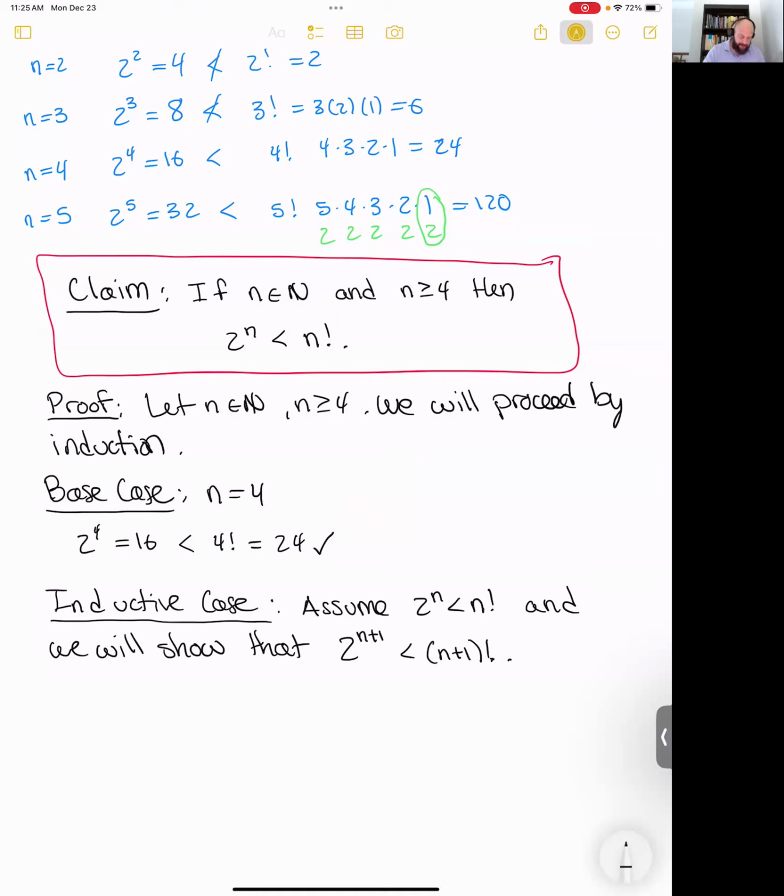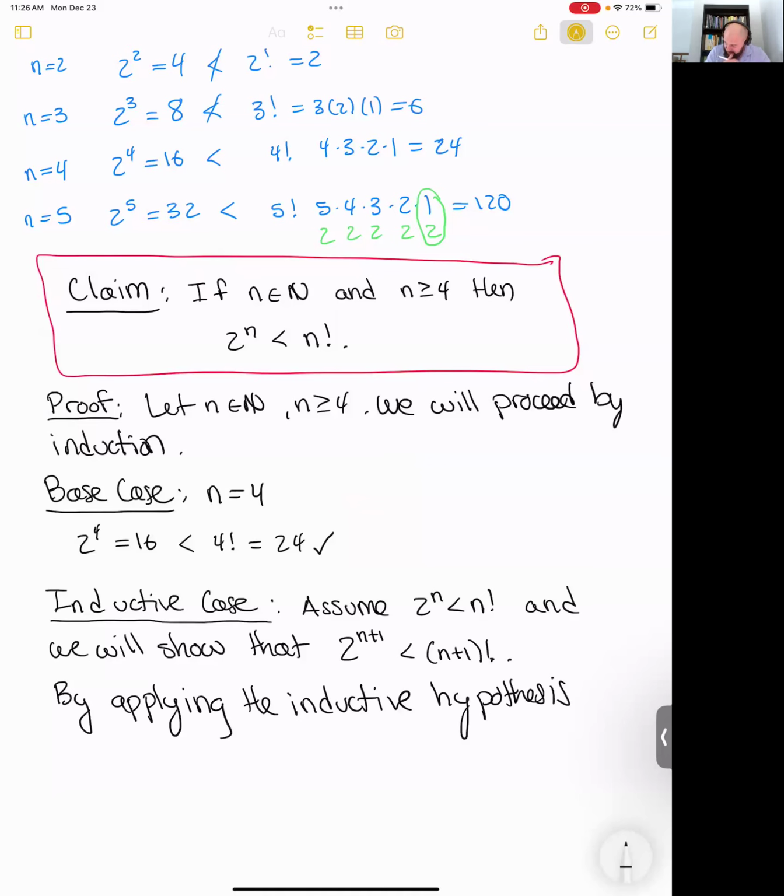Okay, so now, by applying the inductive hypothesis, which is what we're assuming, so we're assuming 2 to the n is strictly less than n factorial.